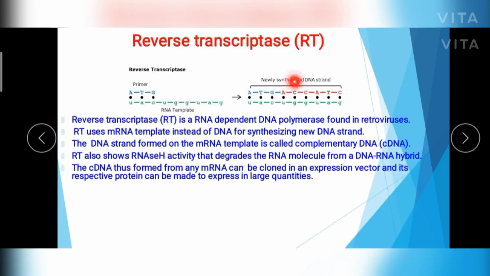This is called complementary DNA. This complementary DNA is used for cloning in expression vectors and in the production of transgenic organisms. cDNA plays a very important role, and it also helps in cDNA library construction.